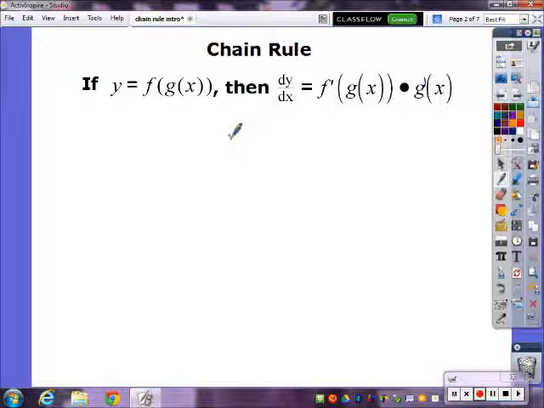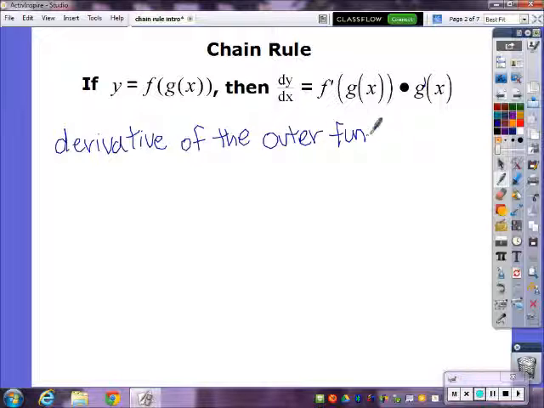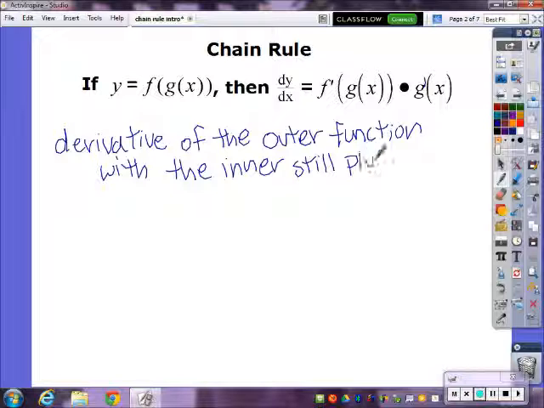So in words, I could describe this as the derivative of the outer function with the inner still plugged in.